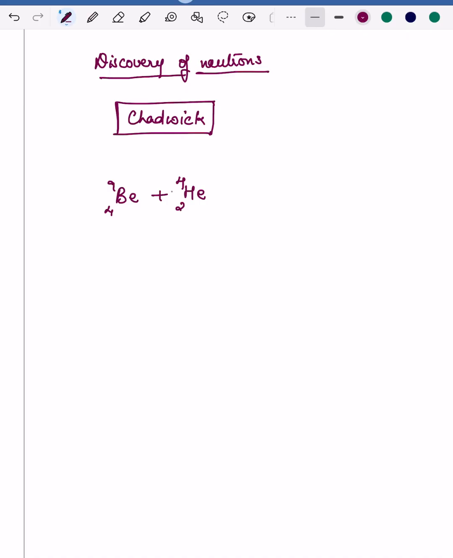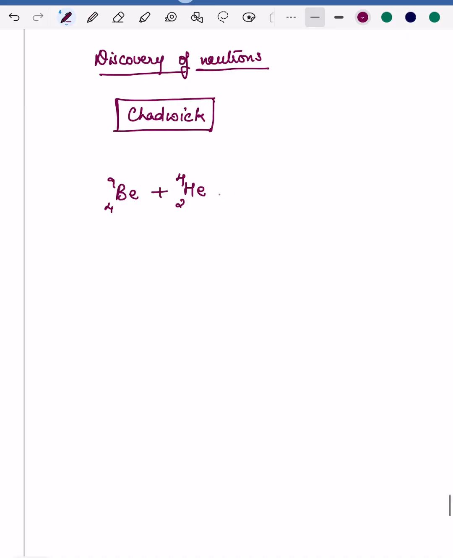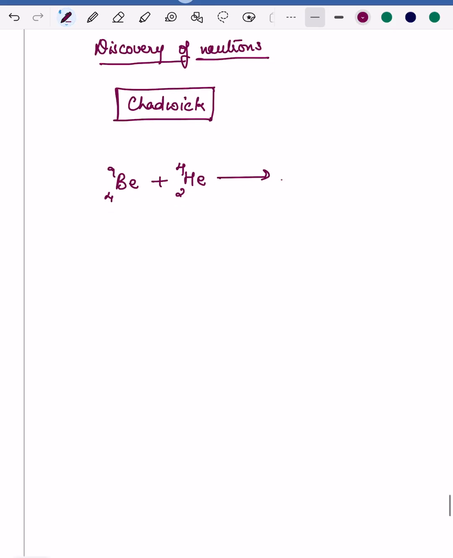Okay, and when he bombarded it, what did he observe? That highly penetrating rays which were consisting of neutral particles, एक न्यूट्रल पार्टिकल कंसिस्ट करती हुई हाईली पेनिट्रेटिंग रेज देखे गई. So these neutral particles which were observed in these rays were actually the neutrons that we call.